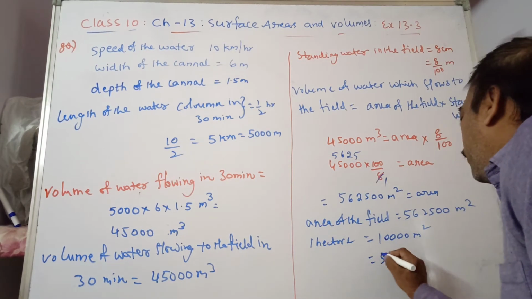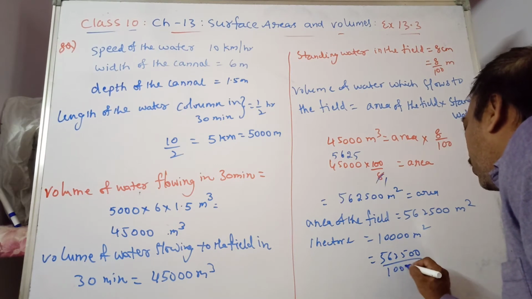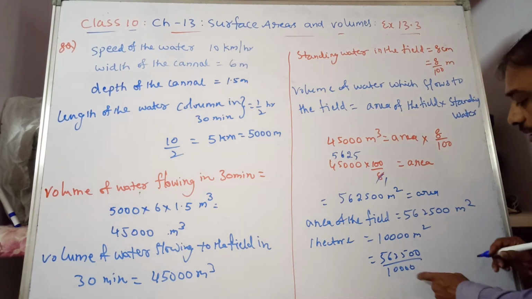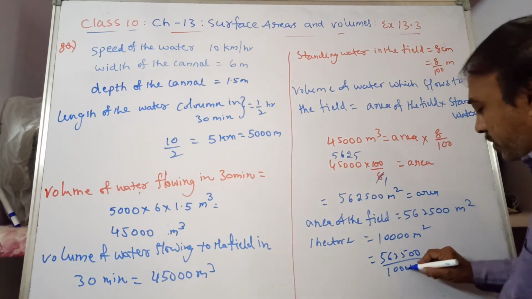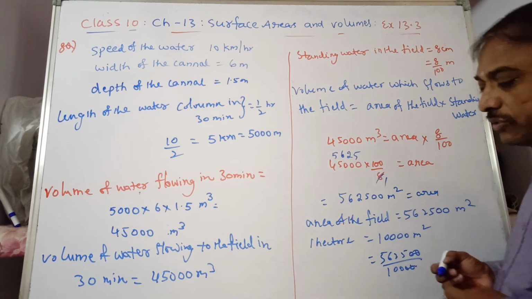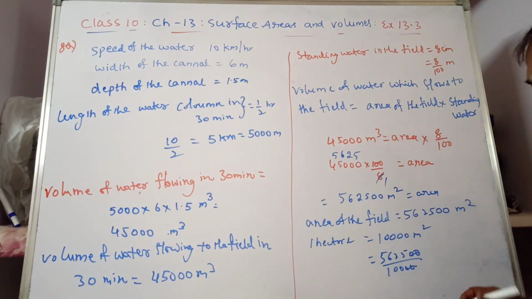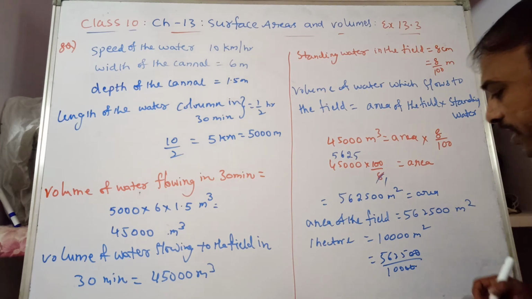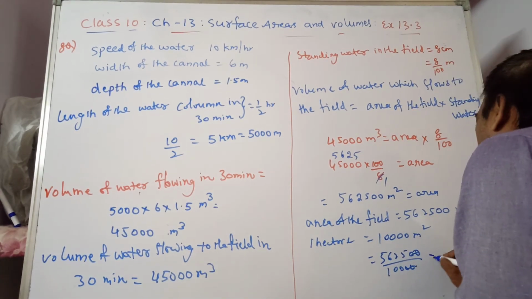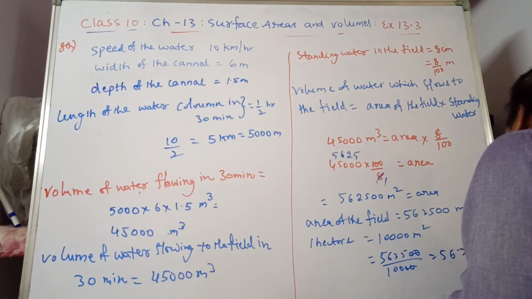Which is equal to 562,500 by 10,000. These two zeros cancel, and more two zeros are left. When you divide with 10,000, the area of the field you get is 56.25 hectares.